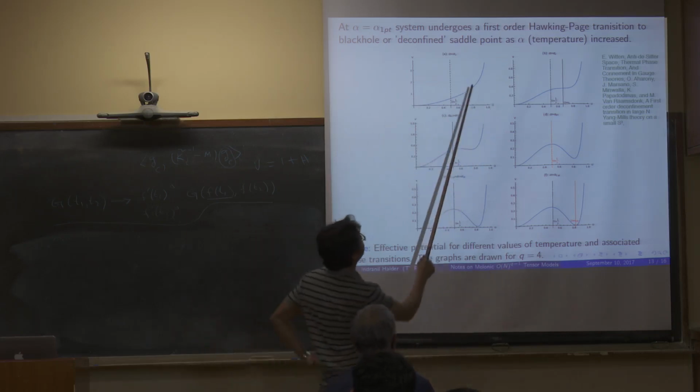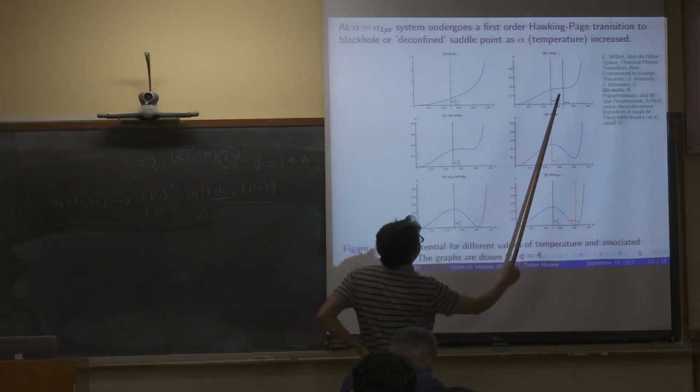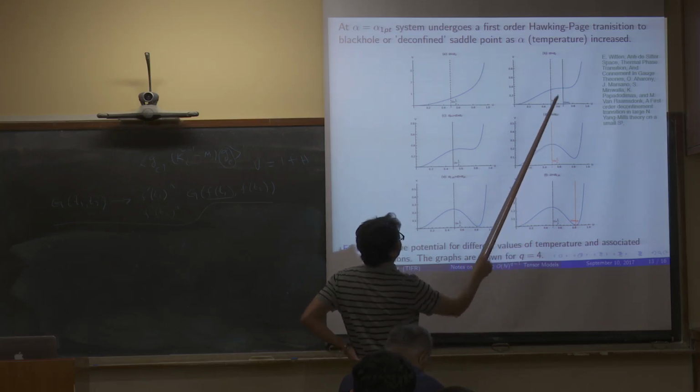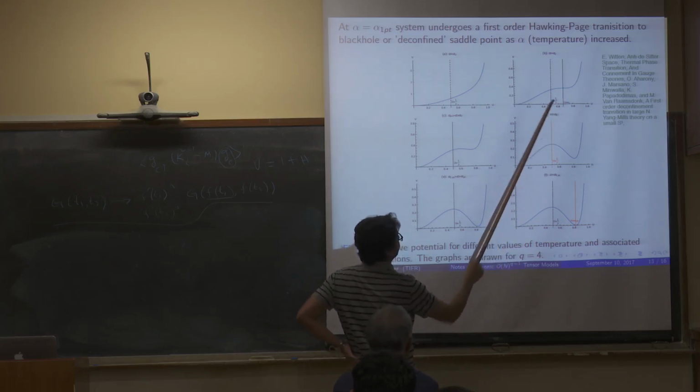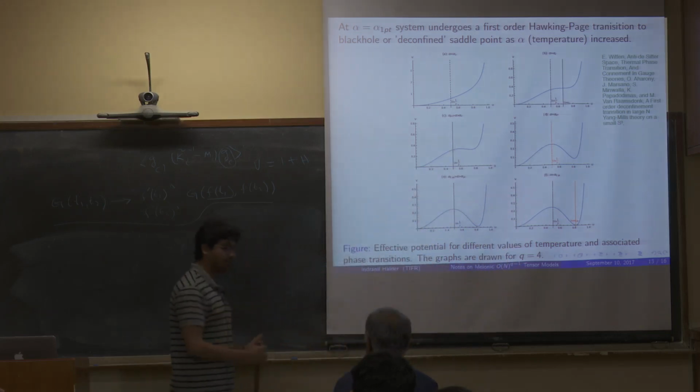And then if you increase alpha and make it equal to alpha c, then you will get a point of inflection at some value which is above u equal to half. u equal to half was the boundary between the gapped phase and the wavy phase.